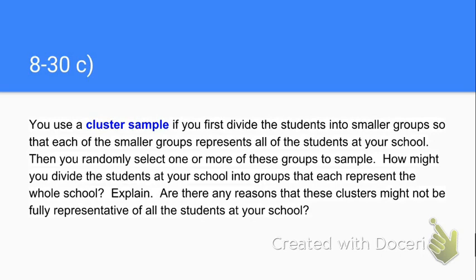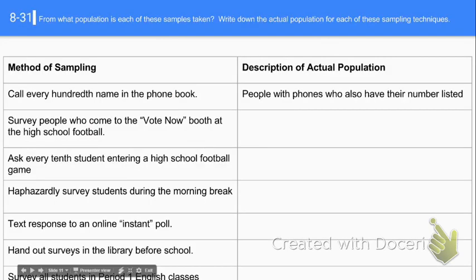All the things that could put us into different types of groups that represent different types of thinking and ideas. However, cluster sample out of all these is probably the best we've seen so far at creating a survey that's going to really represent the students.